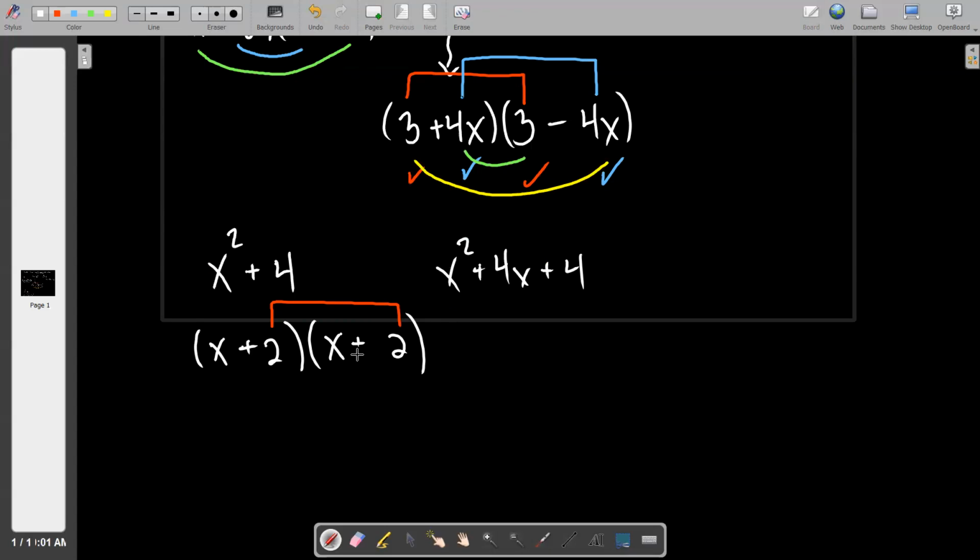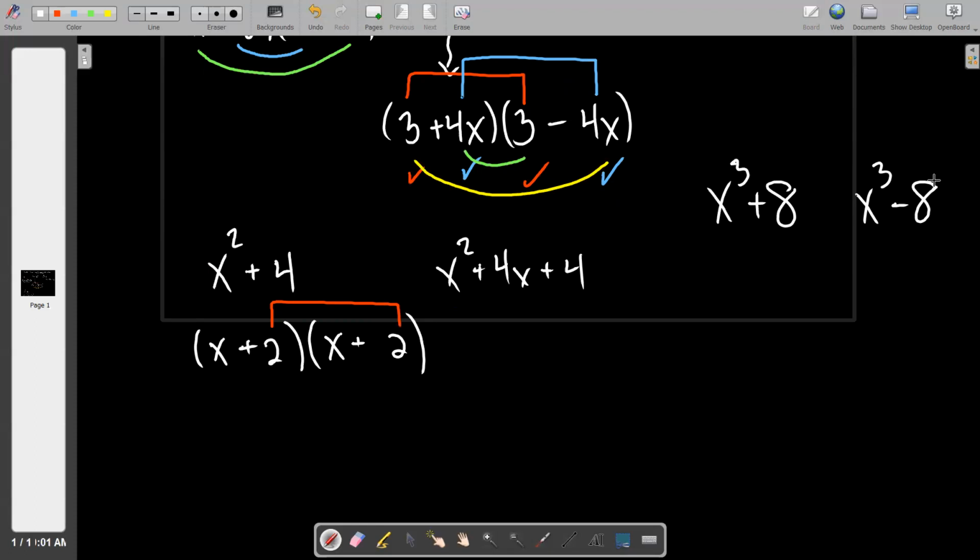So I need you to be aware of the fact that you can factor differences of two squares, but you cannot factor sums of two squares. That'll become one of our biggest mental roadblocks in the next couple of days. With cubes, if I gave you this problem, you can factor it into short set, long set. If I gave you this problem, you can factor it into short set, long set.